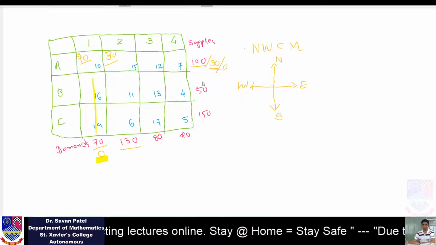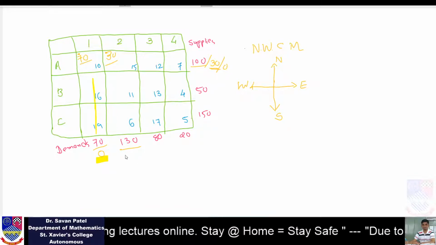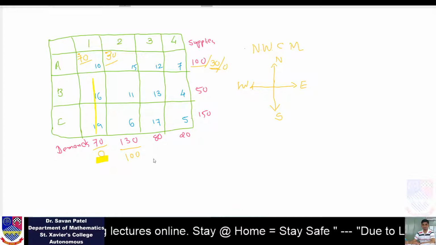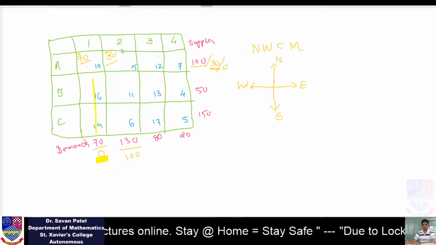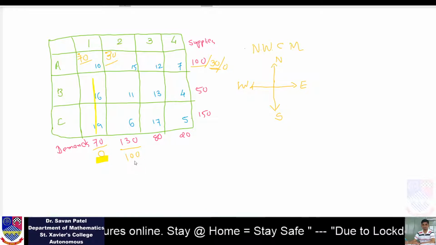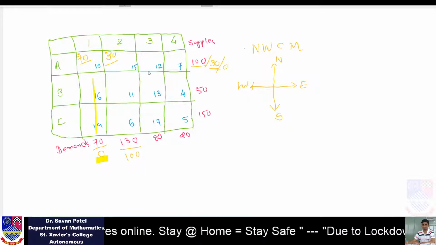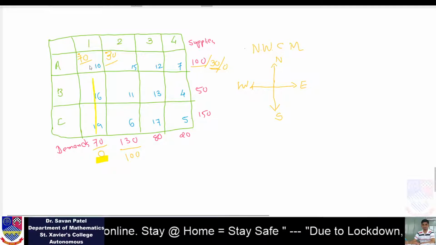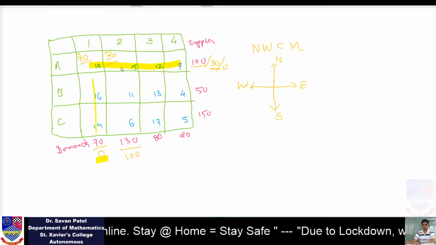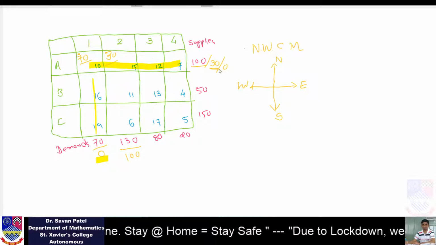Now here we are left with 0, and here we are left with 100 units of demand to fulfill. Since A's supply is 0, we cancel this row.